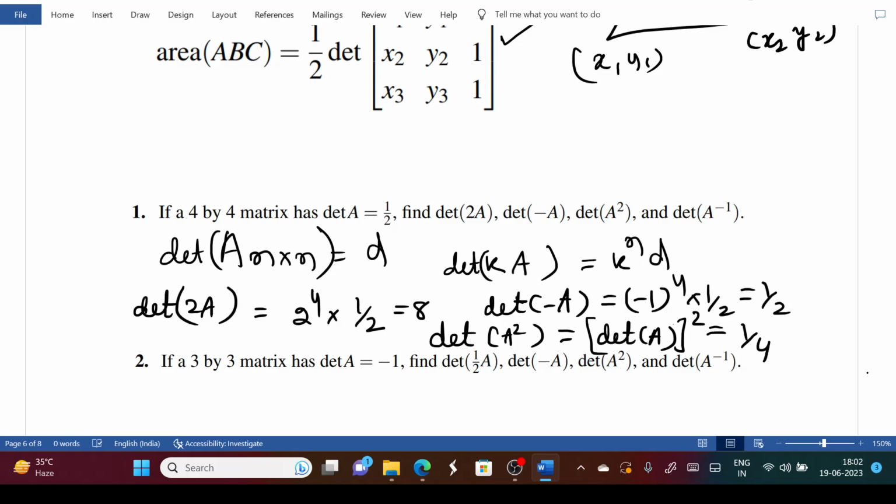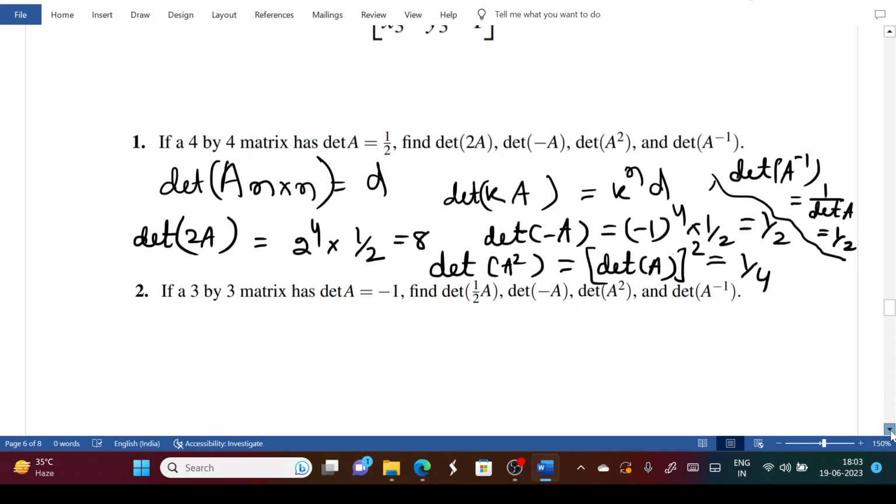And determinant of A inverse will be how much? 1 upon determinant of A, that is equal to 2.